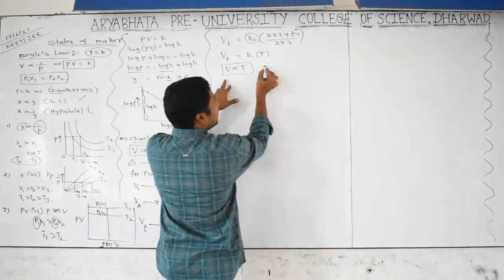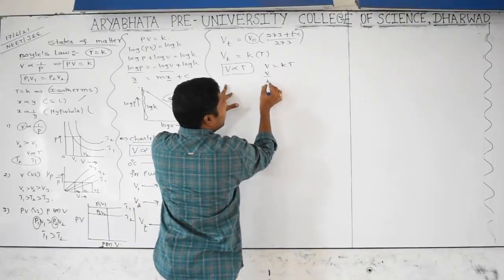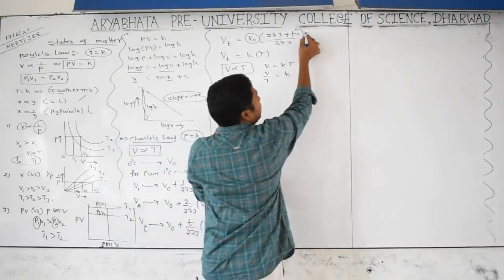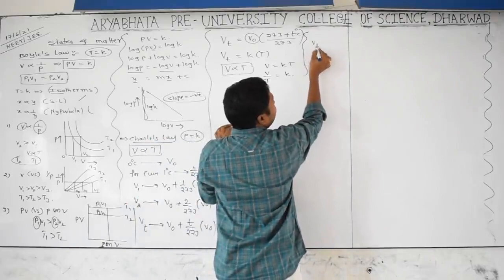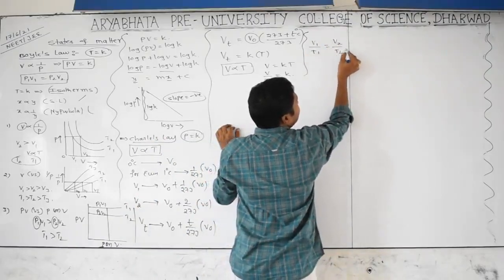We can write V equals KT, which implies V/T equals a constant. The same equation applied at two different conditions gives V1/T1 equals V2/T2, a good concept.